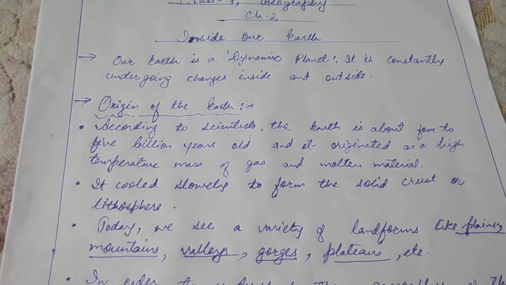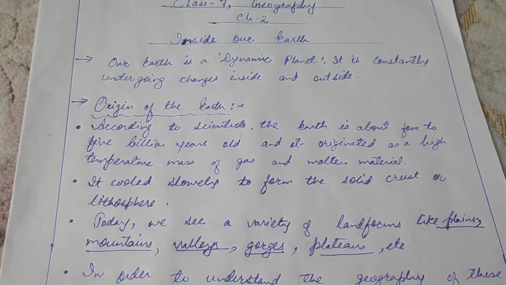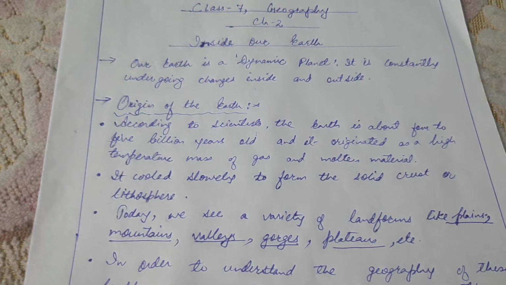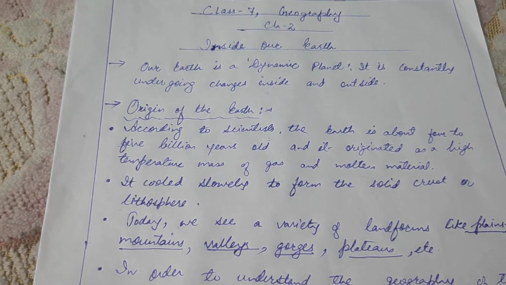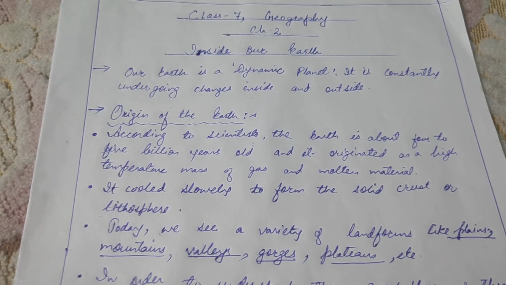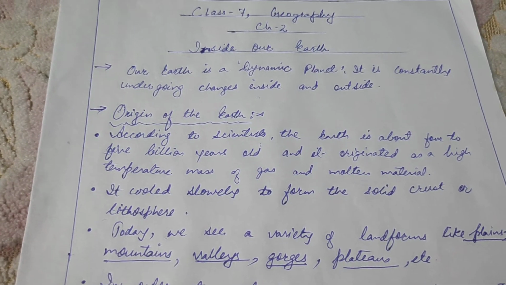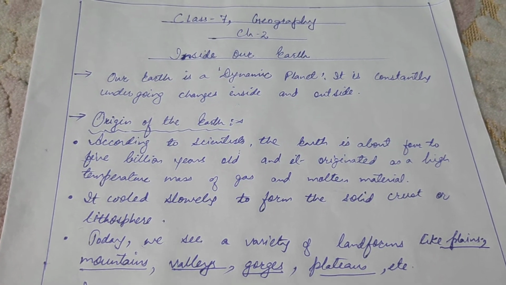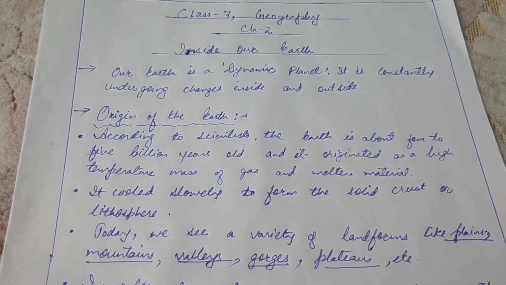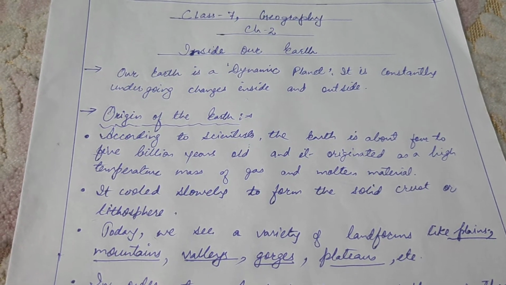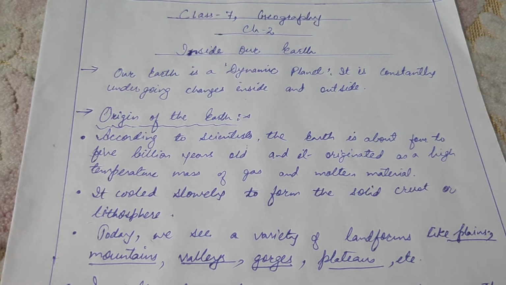So today we see a variety of landforms like plains, mountains, valleys, gorges, plateau, etc. These are different types of landform found on the earth's surface. Very deep valleys are called gorges.